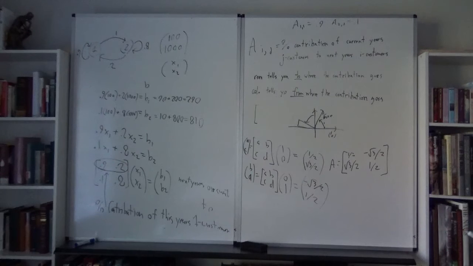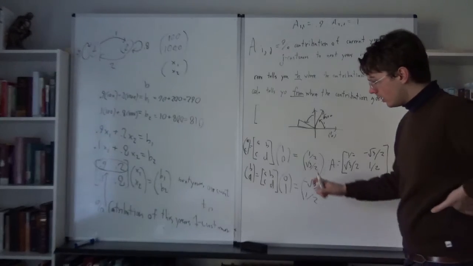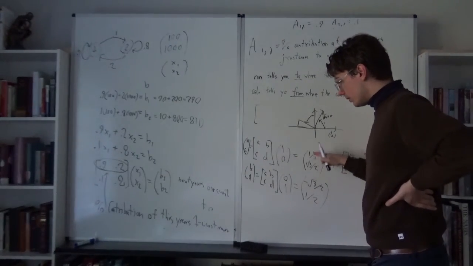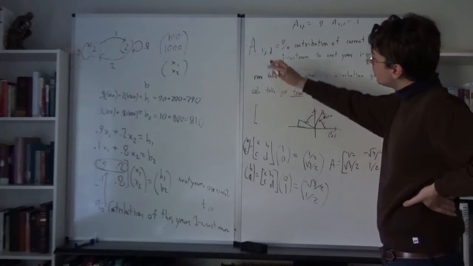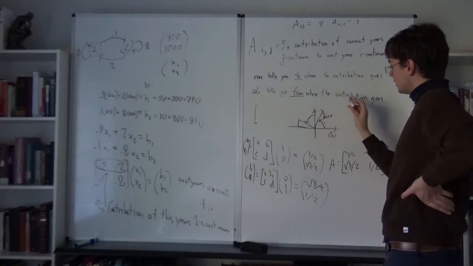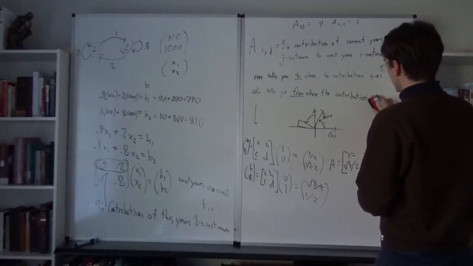Now, one thing you should notice here is the way I figured this out, and that'll help you interpret what's going on here. This 1, 0 gave me the first column, right? Now, what did I say the column was? The column tells you from where the contribution comes.